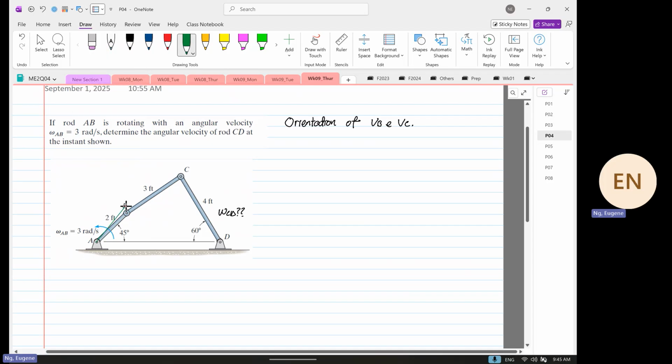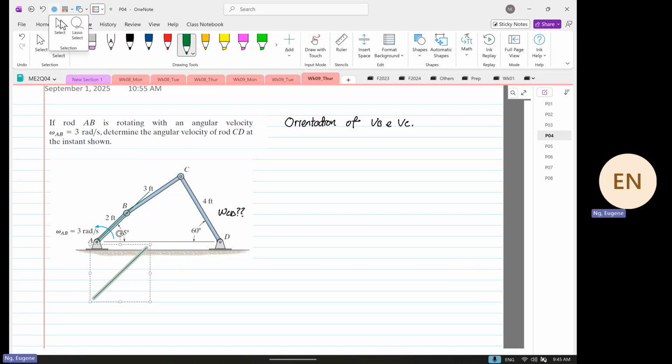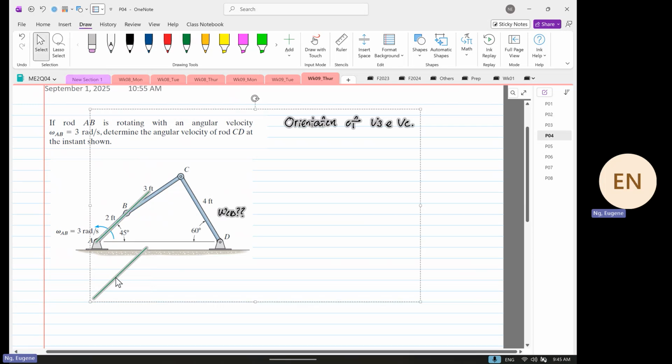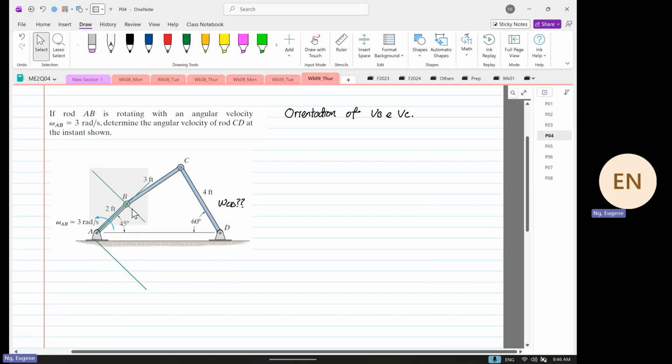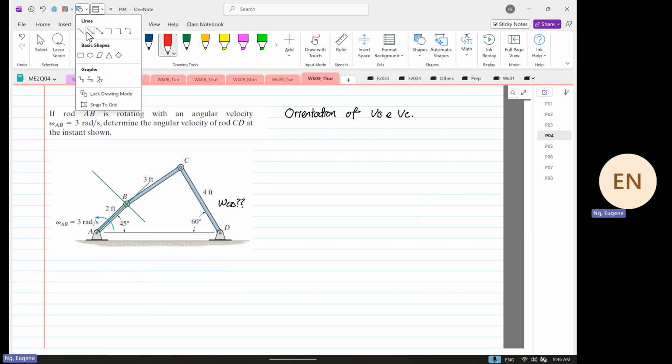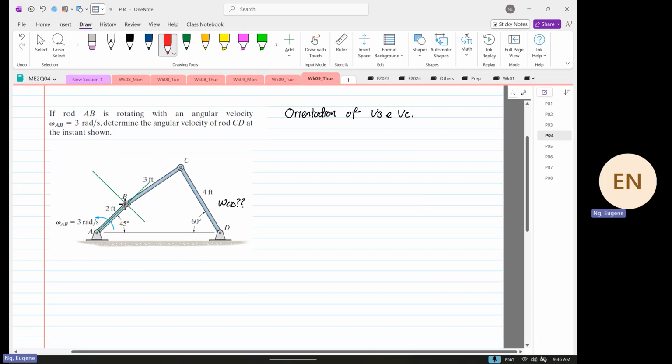that if we draw a line joining point A and point B, and then rotate this by 90 degrees, we know that this is our VAB.